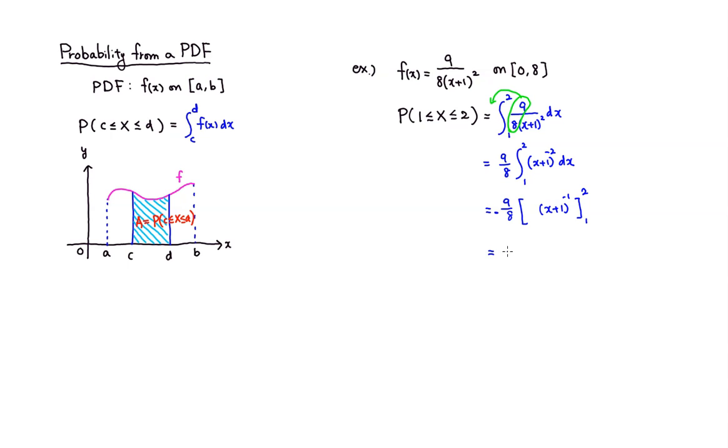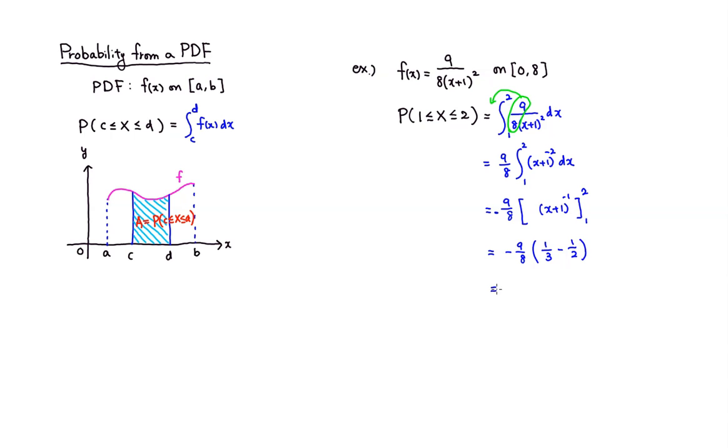So this is going to be negative 9 over 8 times, and then if you plug in 2, 2 plus 1 is 3, reciprocal is 1/3. Then minus, if you plug in 1, 1 plus 1 is 2, reciprocal is 1/2.